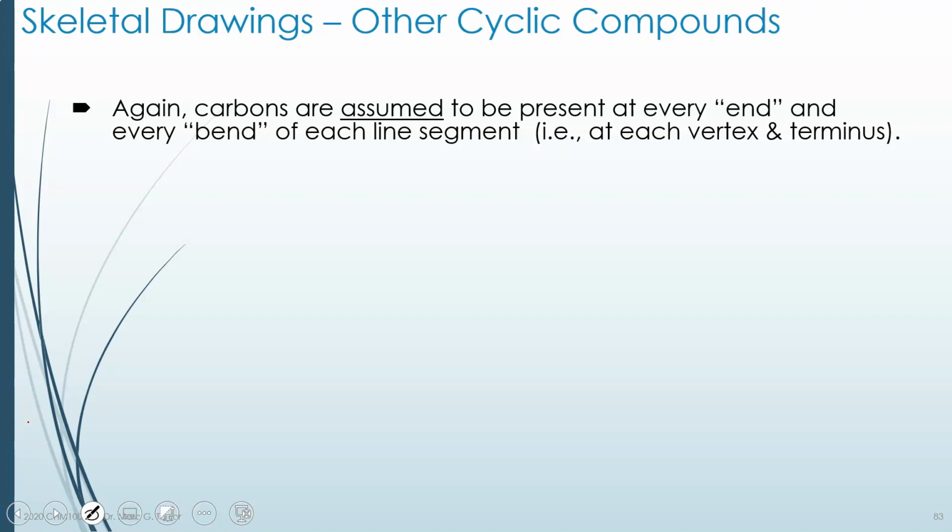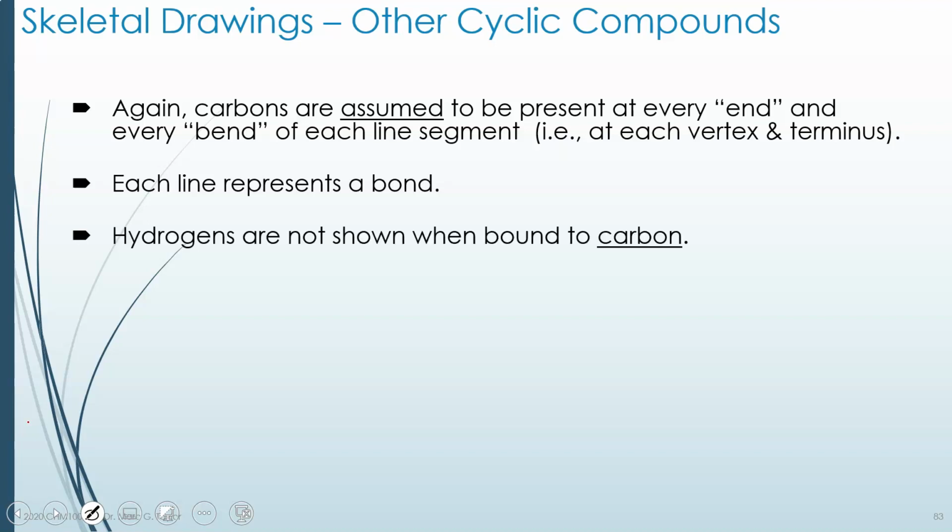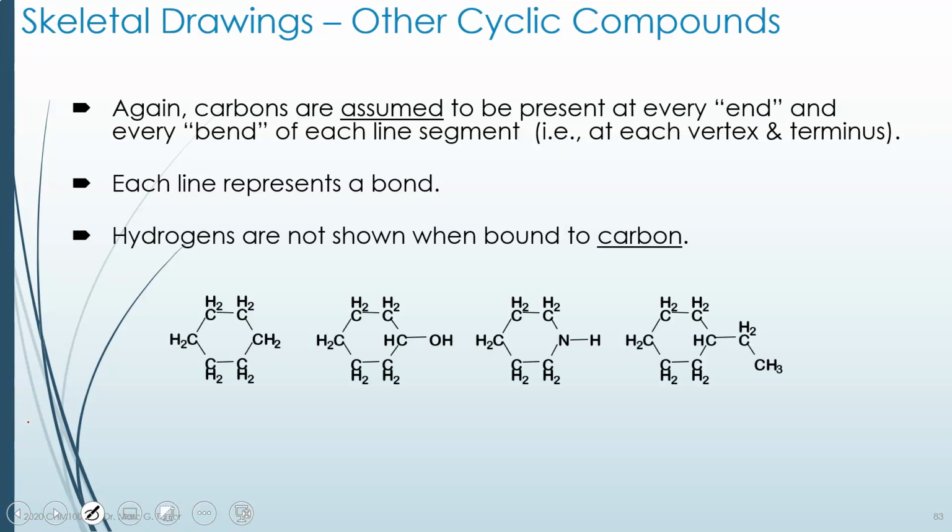So let's talk about some other types of skeleton drawings with other cyclic compounds. There are other ones besides the ones I just showed you. Again, each line represents a bond, and each bend and end represent a carbon. So we don't typically write the hydrogens bound to the carbon. There are a couple exceptions when we do. So here are 4 ringed molecules. And you'll notice most of the atoms in the ring are carbons.